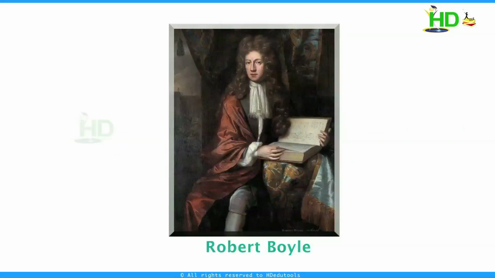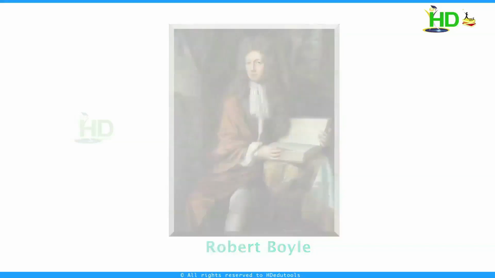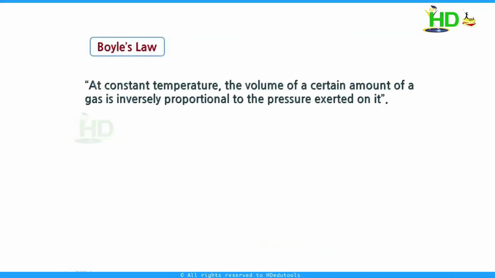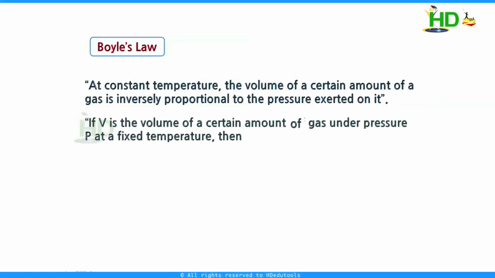This law was given by Robert Boyle in 1622, and this states that at constant temperature, the volume of a certain amount of gas is inversely proportional to pressure exerted on it. That is, if V is the volume of gas under pressure P at a fixed temperature, V is directly proportional to 1 by P, or PV equal to constant. This is Boyle's law.